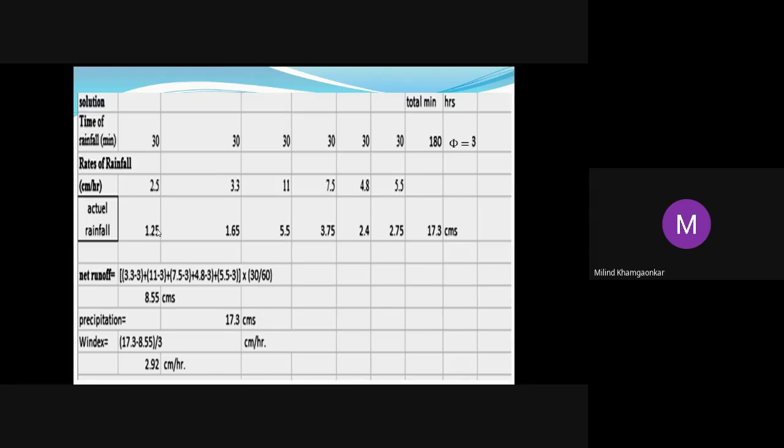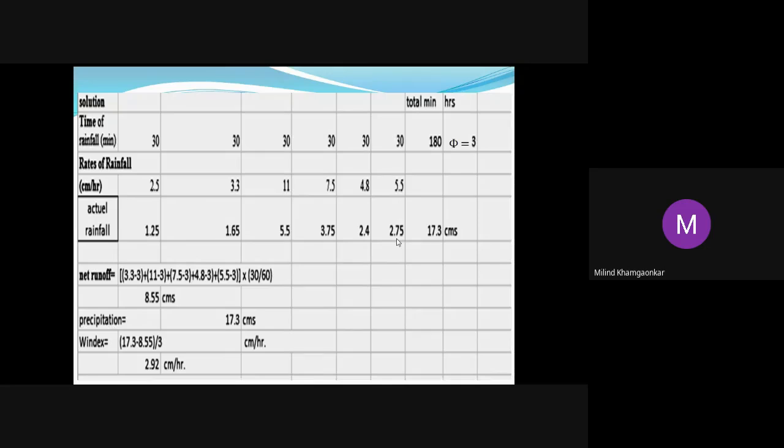So for 2.5, the rainfall for 30 minutes is 1.25. Corresponding to the second, 3.3 centimeters per hour, the rainfall is 1.65 centimeters for 30 minutes. I think you all must have got how I have found out the actual rainfall for the 30 minutes duration.